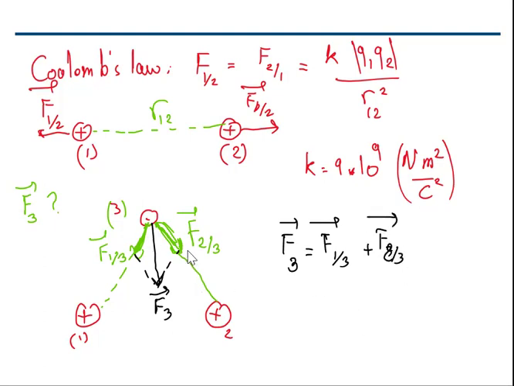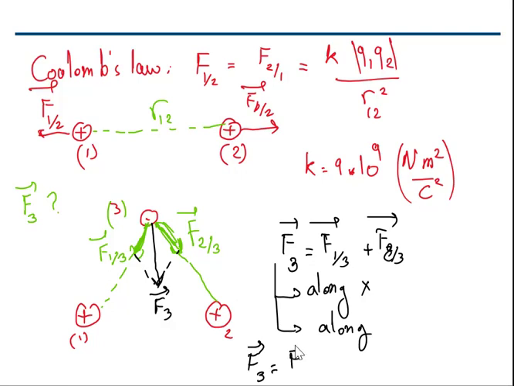And if our vectors have two components, we must write this equation along x and the same along y. Then our vector F3 is its x component F3x plus its y component F3y. Good. So this is a short review of what we saw last time.